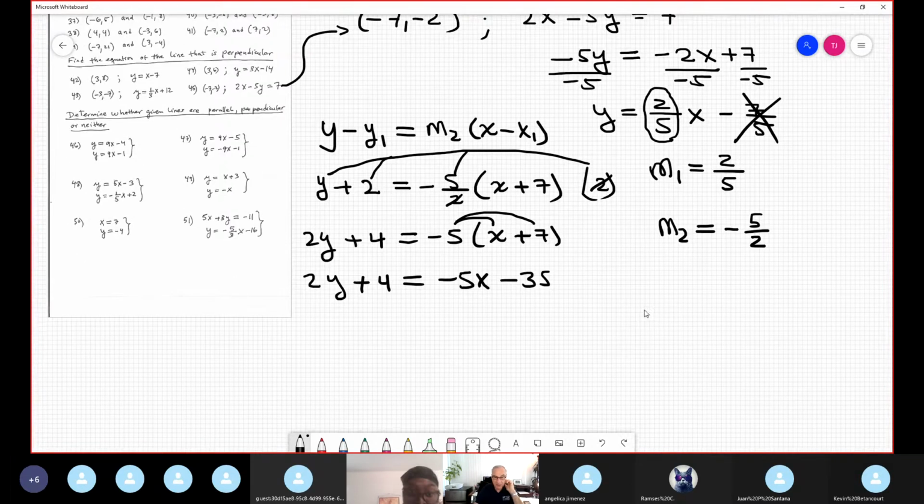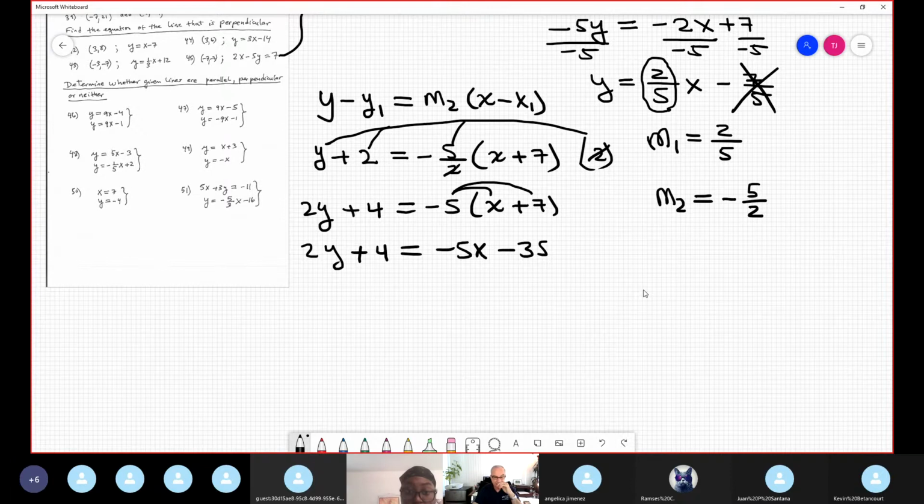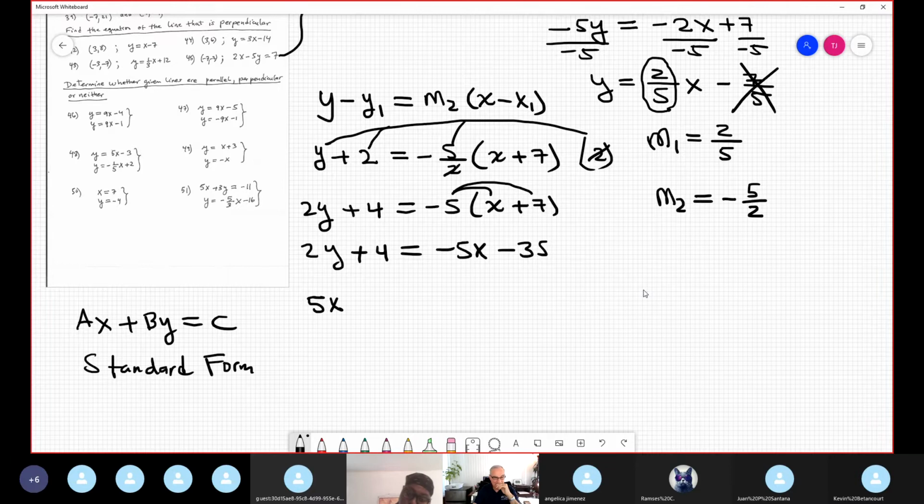Now, finally, if you want to express the answer in standard form, you move 5x to the left, and you put it in this order, always ax plus by equals c. This is the classical standard form. In this order, so 5x plus 2y equals minus 35 minus 4. It's minus 39.